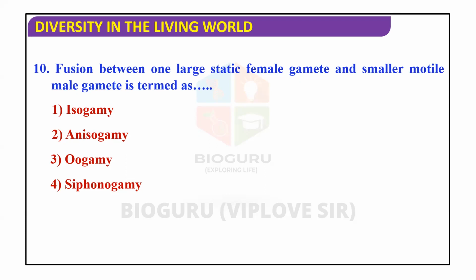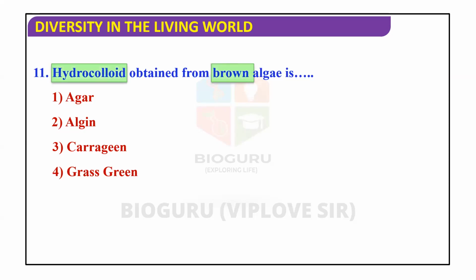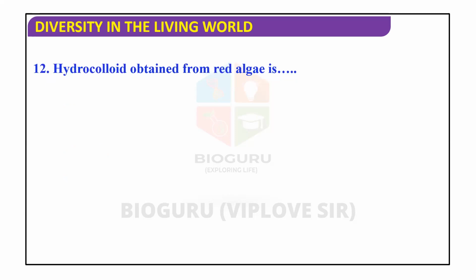Static means stationary, it cannot move, non-motile, and motile means it can move, so it is oogamy. That's nice. Hydrocolloid obtained from brown algae is agar, algin, carrageen, or grass green. That's good. It is algin.